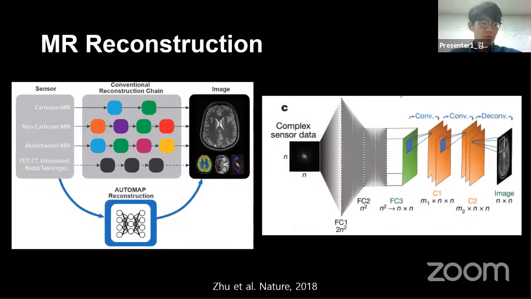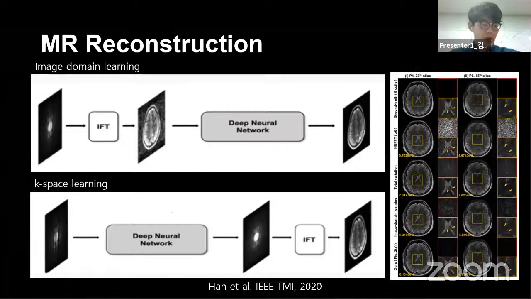One of the deep learning applications in MR imaging is AUTOMAP. In this research, the neural network learns reconstruction of images from various kinds of sampling patterns in the frequency domain signal. Unlike reconstruction from sensor to image directly, deep neural networks also reconstruct images both in the image domain and in K-space.